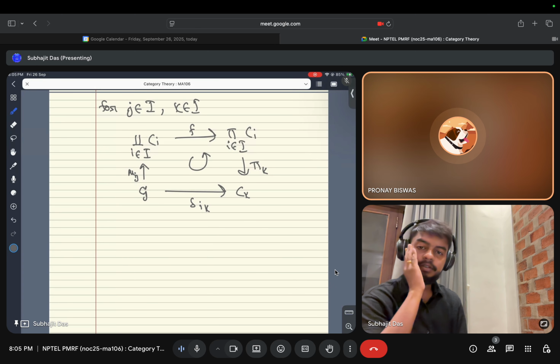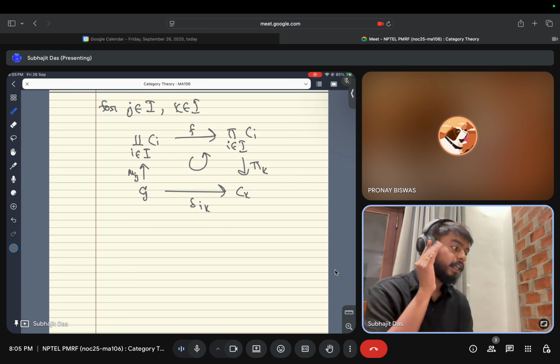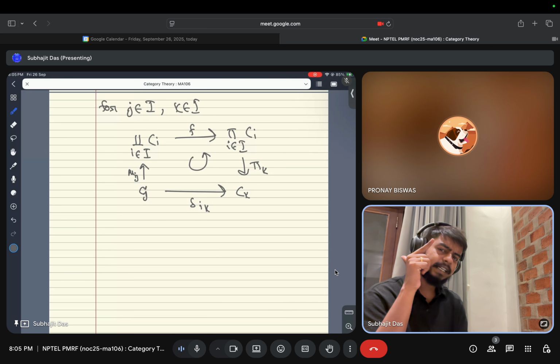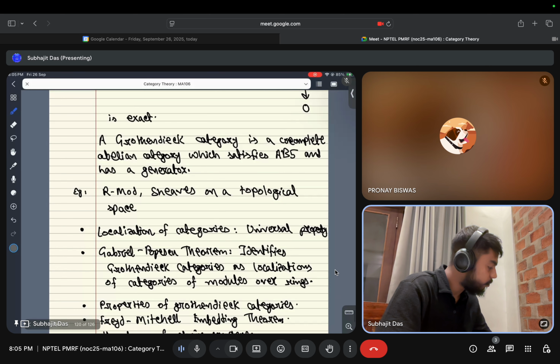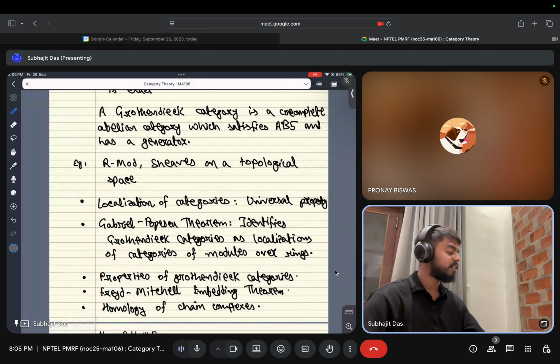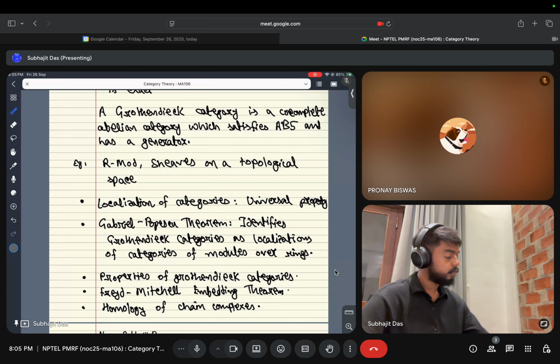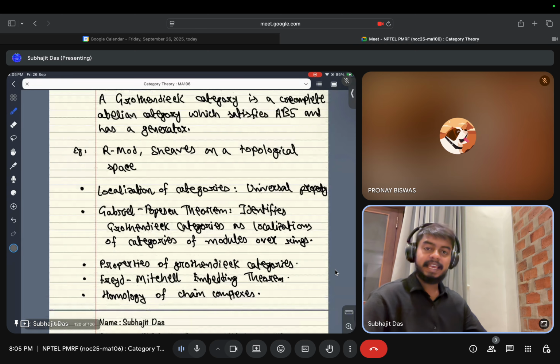Okay, but do we have that actually, or do we know that? In the definition of a Grothendieck category, what we have is it's a co-complete abelian category which satisfies AB5 and has a generator. That's all, right? So we don't know if it is AB3 or not.